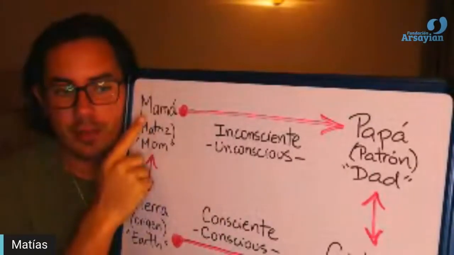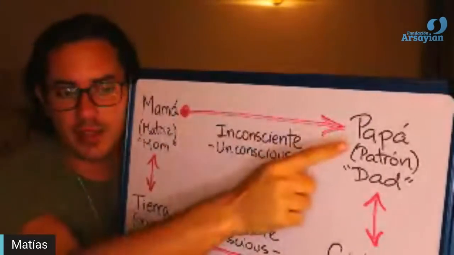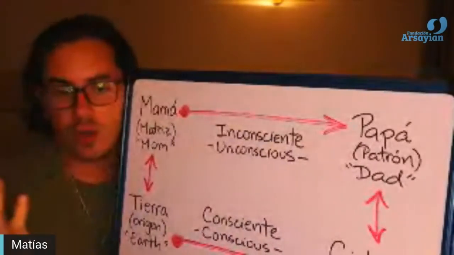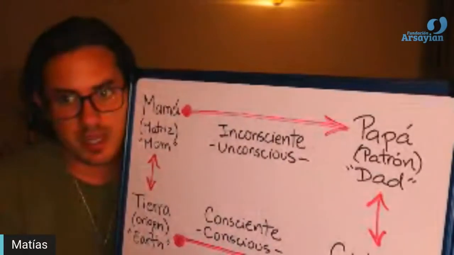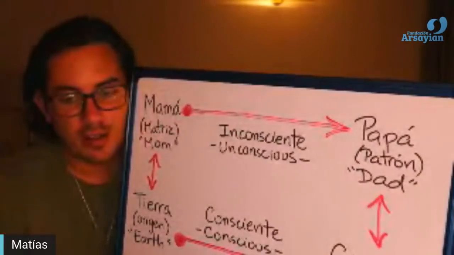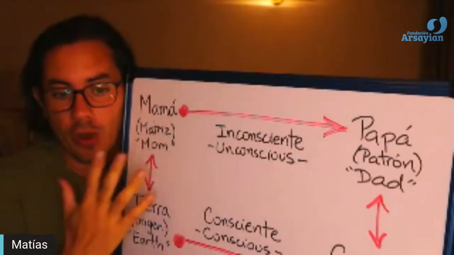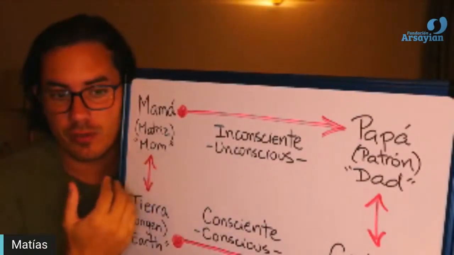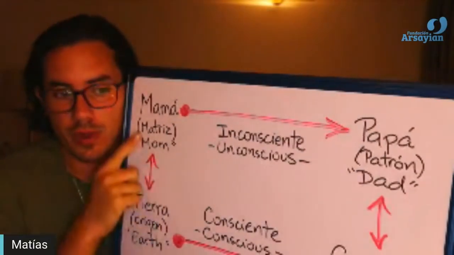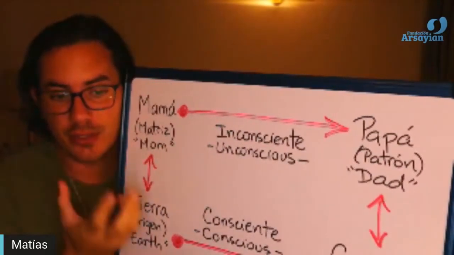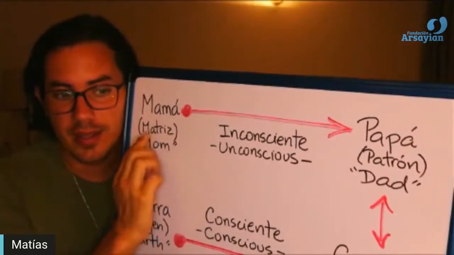The reason why I put the mother here and the father there as a destiny is because all of us, besides the idea of being a seahorse or a starfish, we all, mainly mammals, come from the mother. So the womb of the mother is a matrix, a uterus, that creates us.